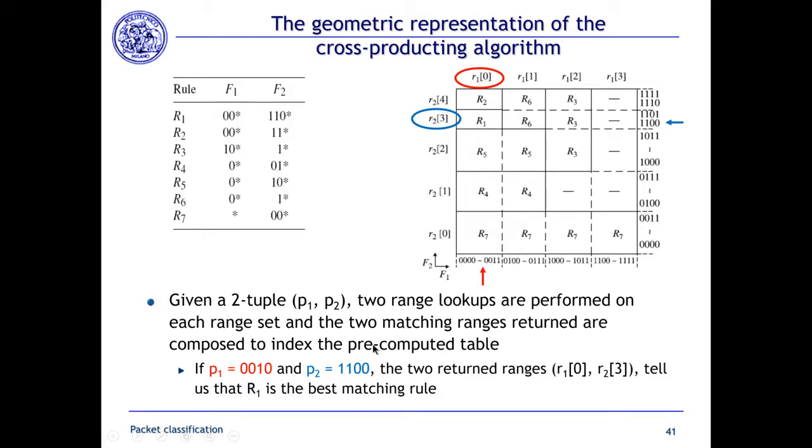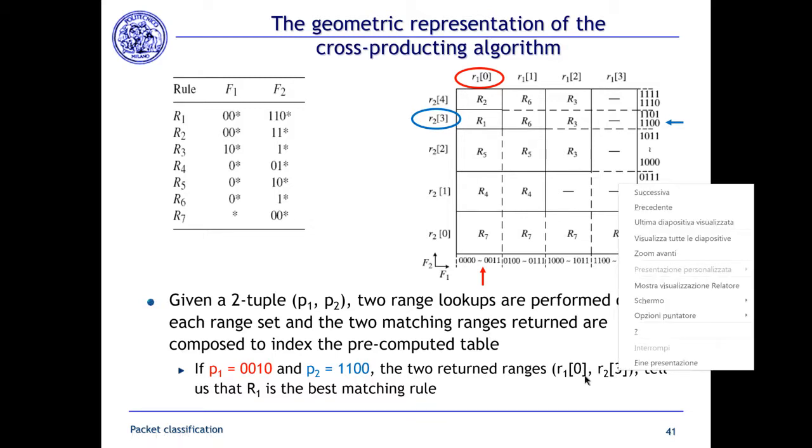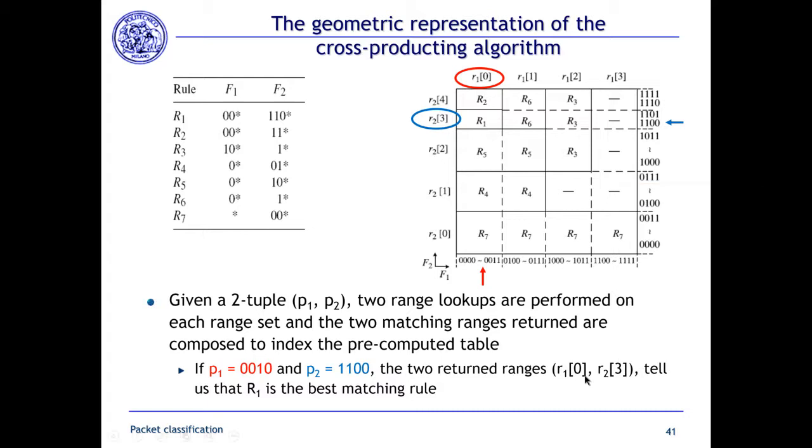And then we do the same in the vertical dimension. We discover that 1100 belongs to the segment R sub 2 of parameter 3. And so we have to go to the table using 0 and 3. So we look at column 0 and row 3, and we find in the table the result, that is R1. Okay, that is the best matching rule. Questions?